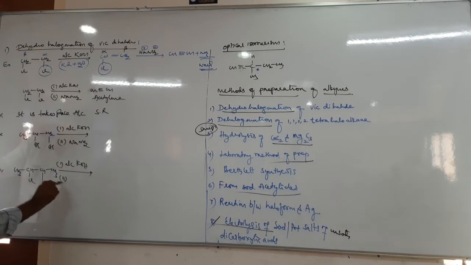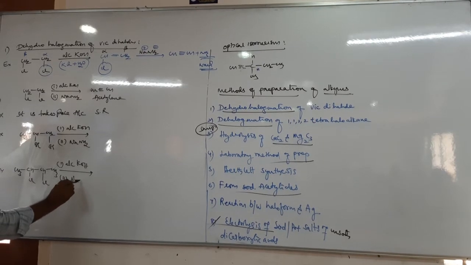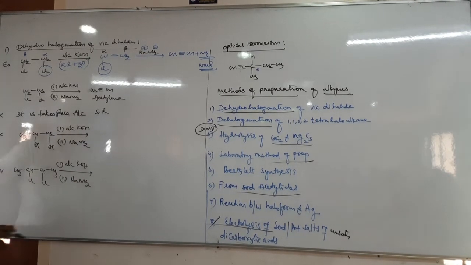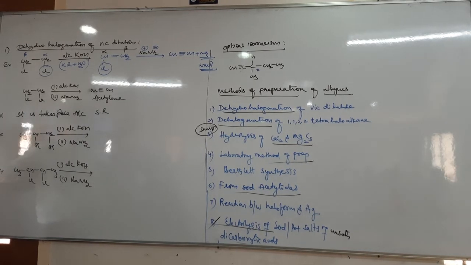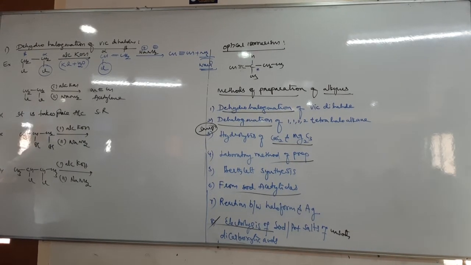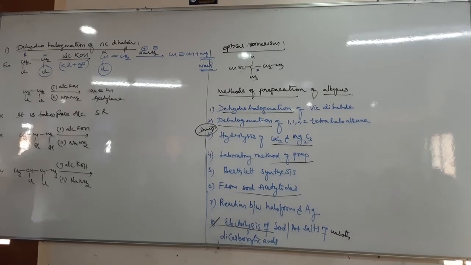What is the difference between alcoholic KOH and aqueous KOH? Alcoholic KOH is a base, aqueous KOH is a nucleophile. Alcoholic KOH gives elimination, aqueous KOH gives substitution. Which substitution?